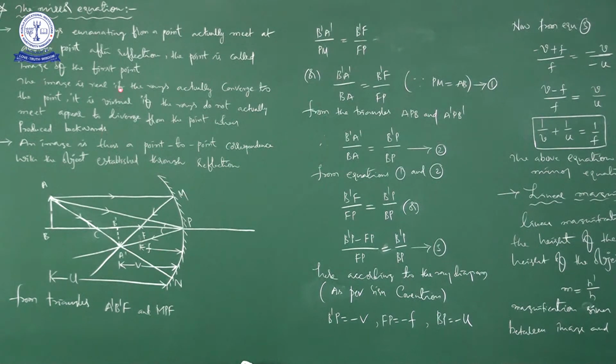Next, if a ray is passing through the center of curvature, it will retrace its path. And third, if a light ray passes through the focus before incidence, the reflected ray will become parallel to the principal axis, right?